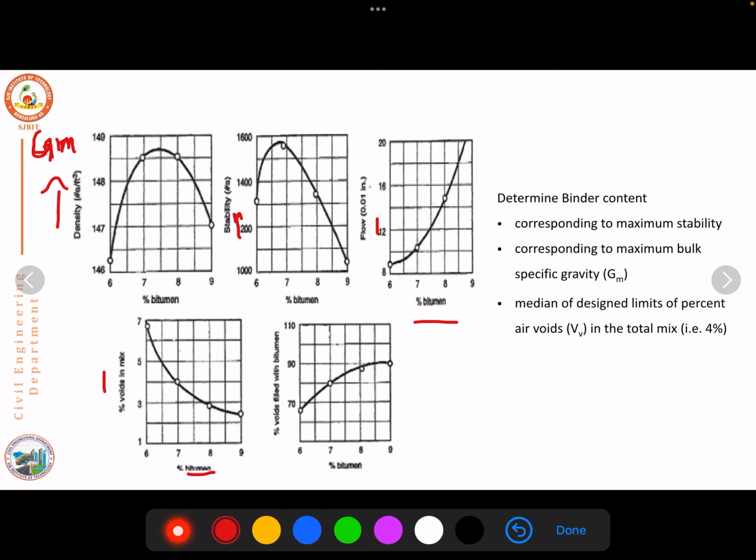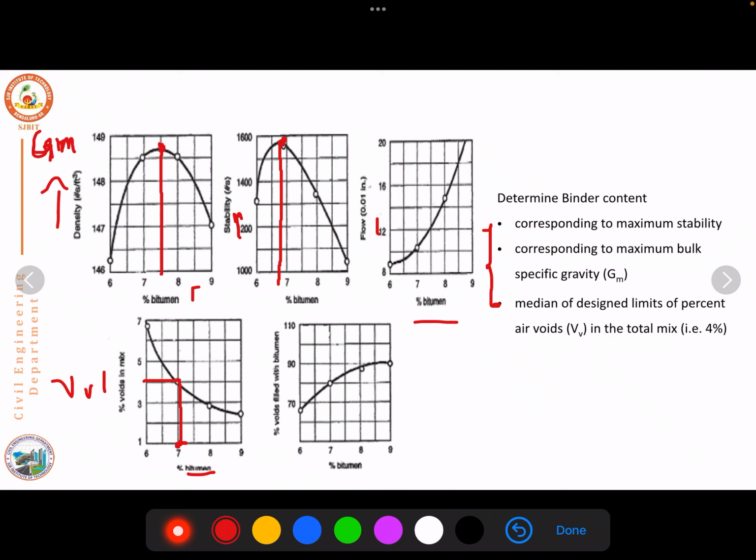Now, using these graphs, how do we determine the binder content? For that we have three conditions. We need to check the binder content corresponding to the maximum bulk density, the binder content corresponding to the maximum stability value, and the binder content corresponding to the median of the VV, that is, 4% air voids.